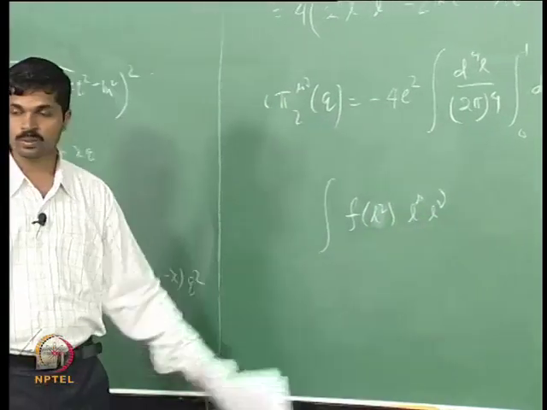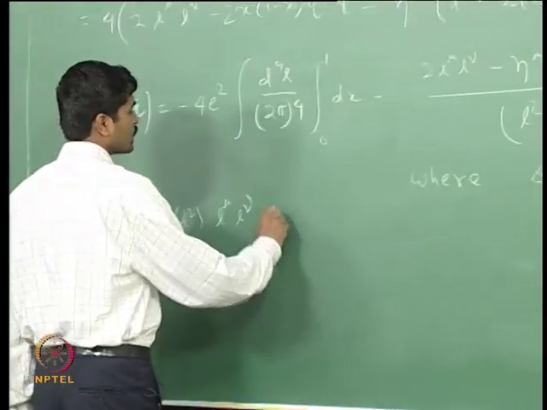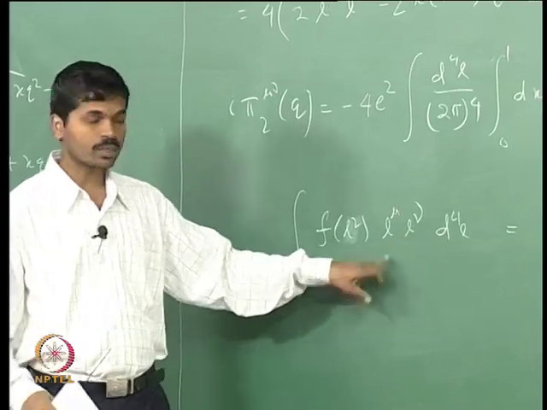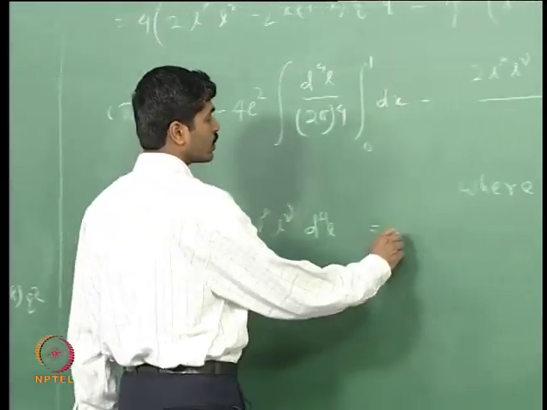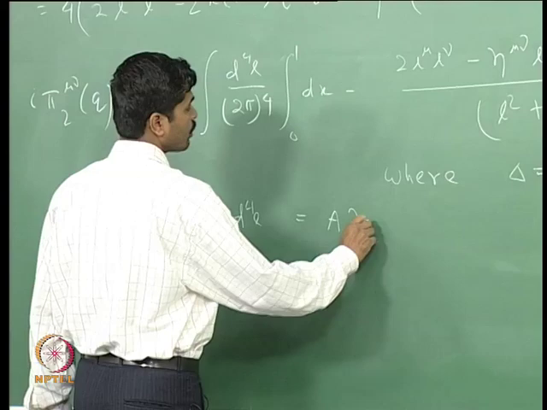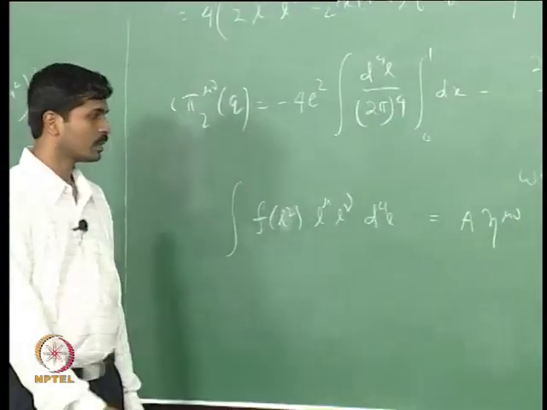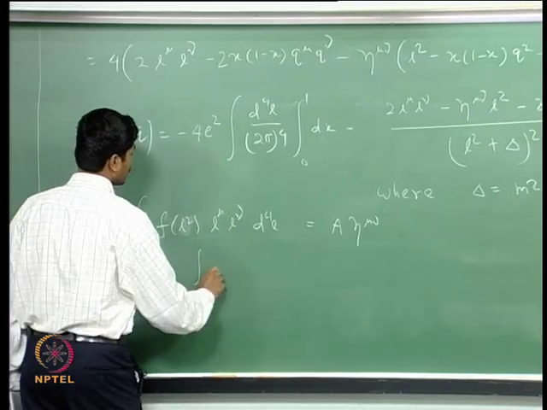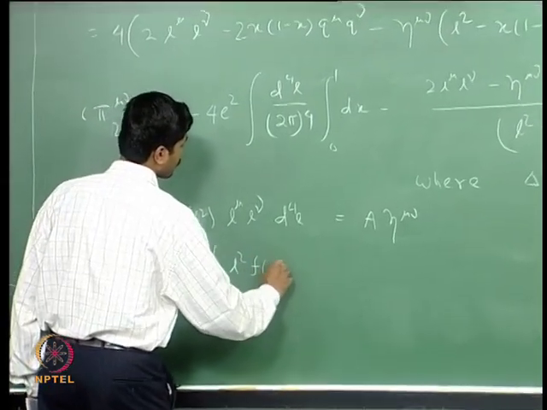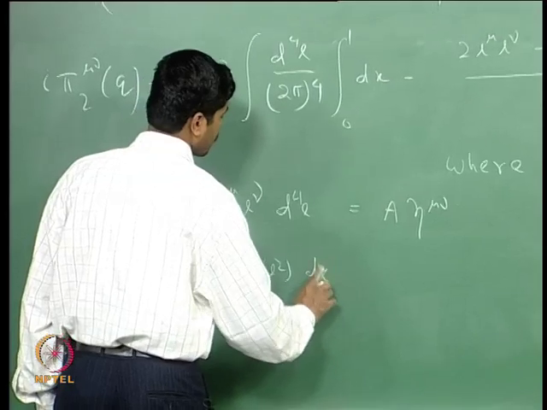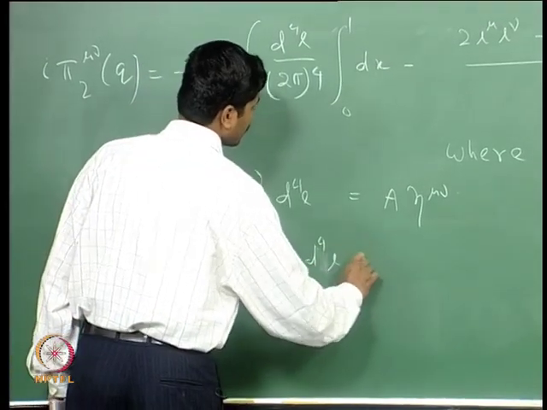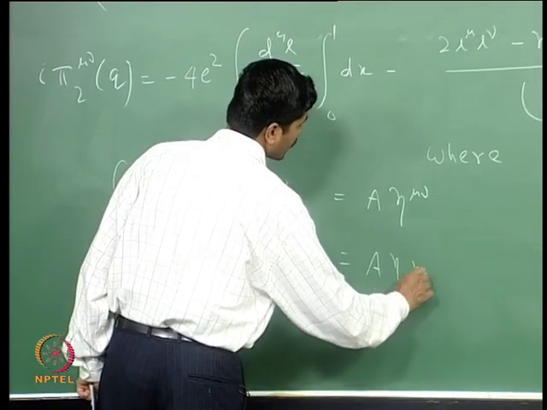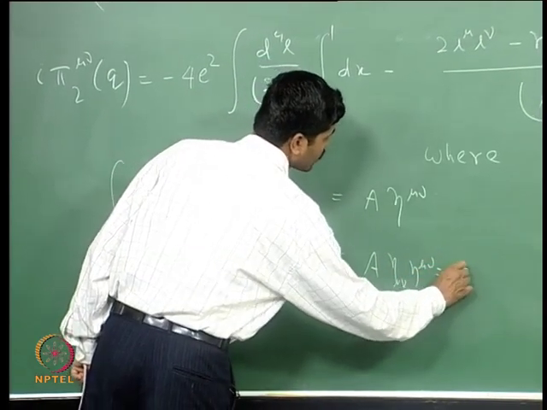When you integrate d4 L at the end, because it is symmetric in L, the only thing that you can get is some quantity a times eta mu nu. If you contract this with eta mu nu, what you get here is the integral of L square f of L square d4 L, which is simply a times eta mu nu contracted, which is 4a.